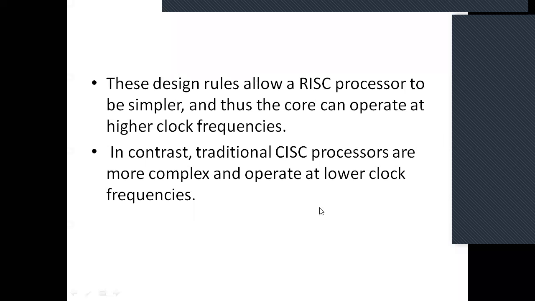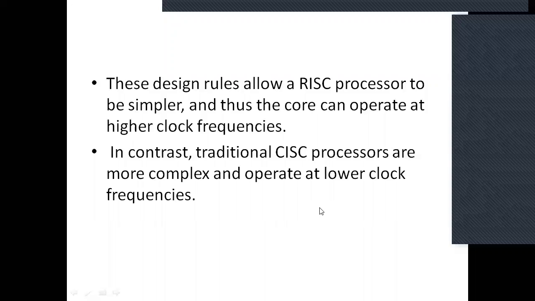This design allows the RISC processor to be simple, and thus the core can operate at a higher clock frequency, because we have a smaller number of instructions. Obviously the instruction set circuit will be very small, so it will occupy very little space on the silicon chip, and we have a register set.